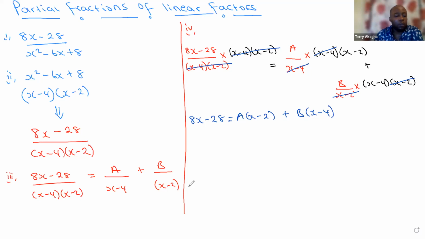I'm going to use both of the methods in this video, but I'm going to start with the substitution method to show you how easy it is and how long the coefficient of terms method will be.